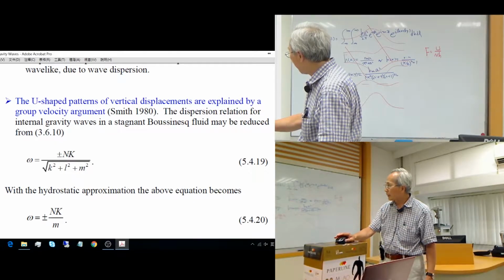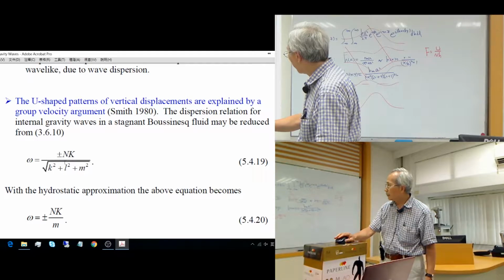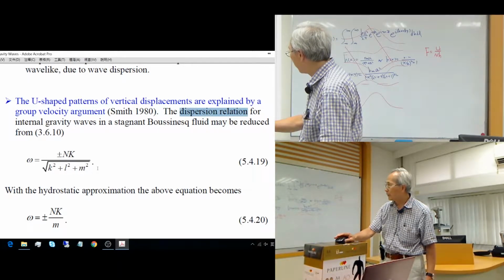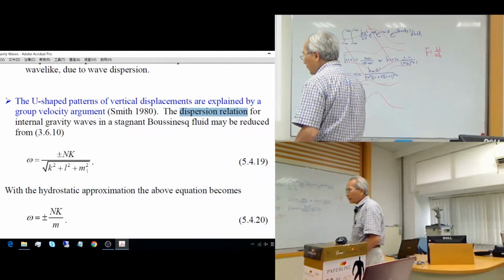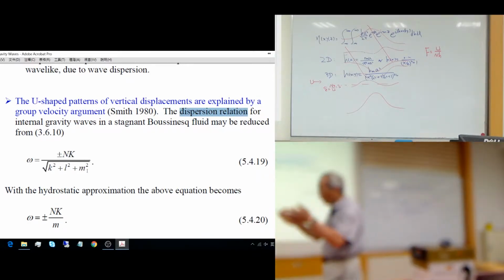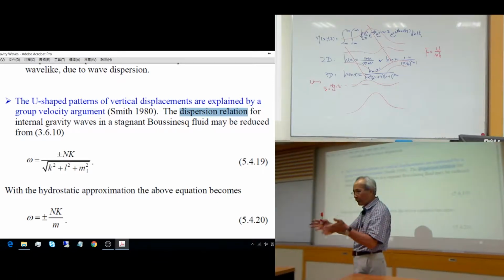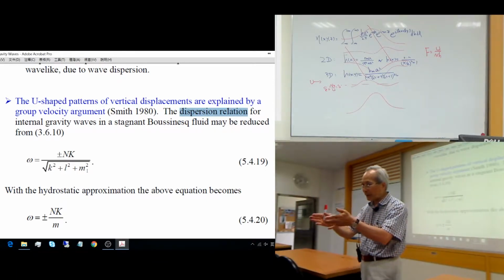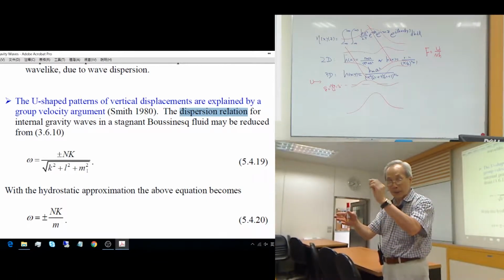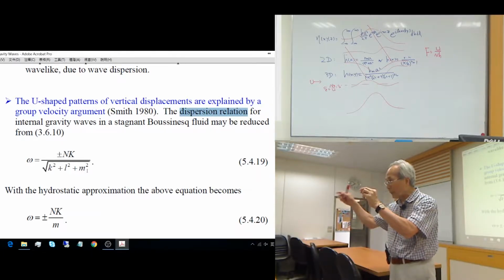You can obtain this equation, and this equation is called the dispersion relation. The dispersion relation is a general relationship which links the frequency omega with the wave numbers.